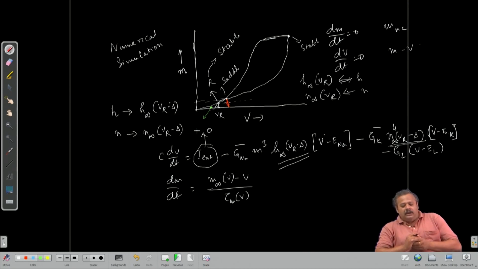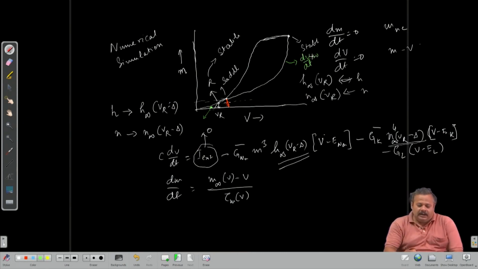And now the dv dt equals 0 null line, the v null line, changes to a different shape, moving vertically downwards and becoming like this.